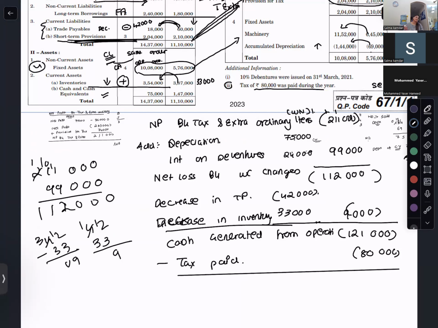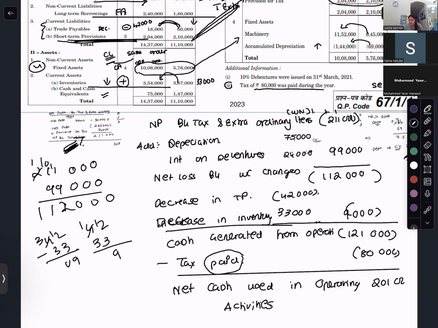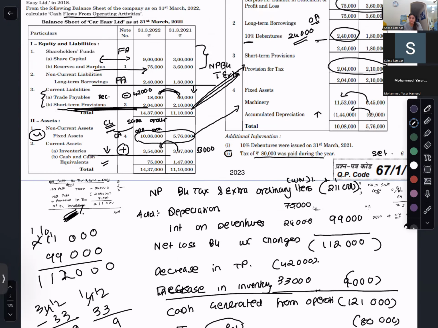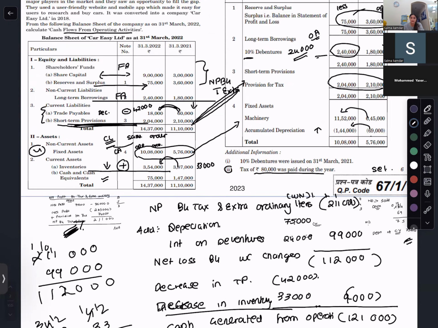Remember, provision for current year is added to net profit before tax and extraordinary items, and tax paid during the year is deducted. So you have net cash outflow, or I could say net cash used in operating activities, 201,000. With this, I complete the requirement of the question.